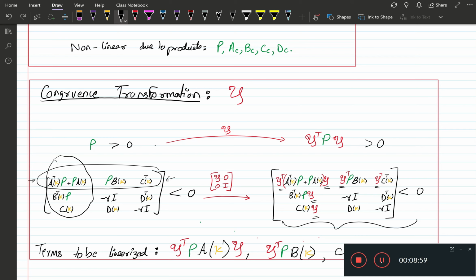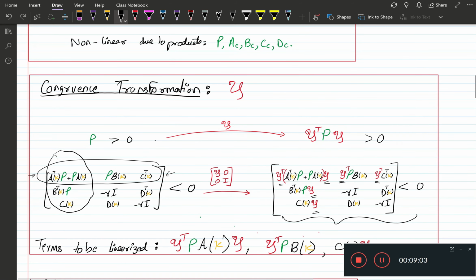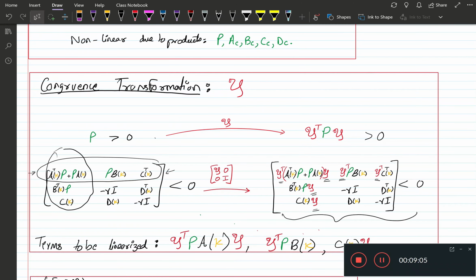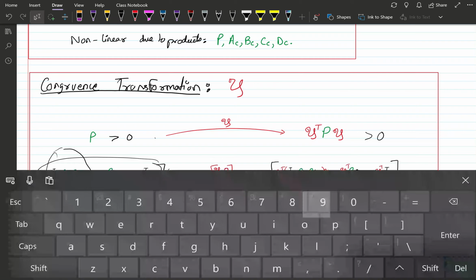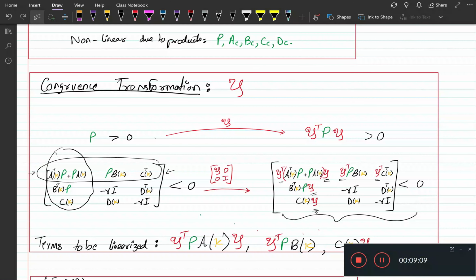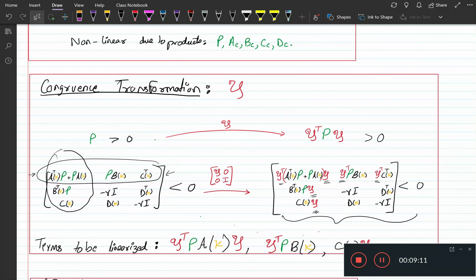So that would be equivalent matrix inequalities. And now the idea would be to choose a Y such that the matrix inequalities on the right are linear.